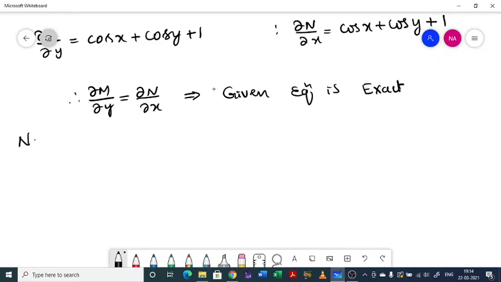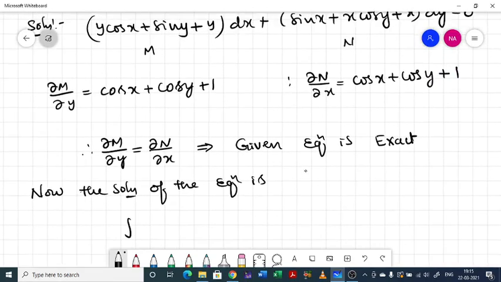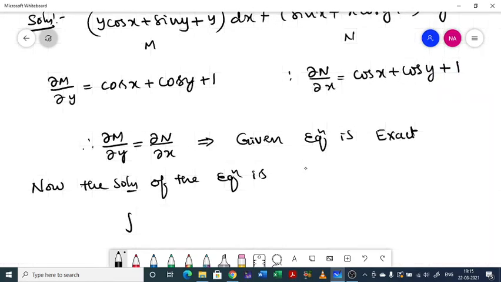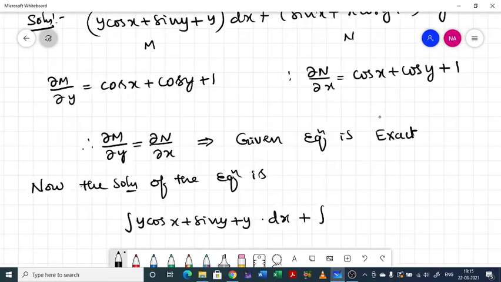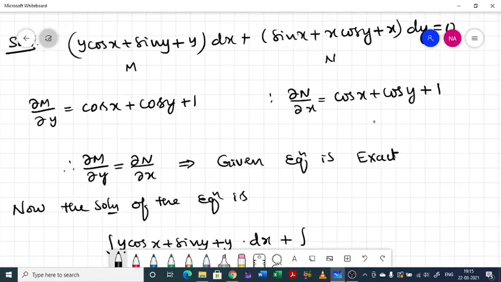Now the solution of the equation is integral M dx, that is integral of (y cos x plus sin y plus y) dx, plus integral N dy, where N means sin x plus x cos y plus x.